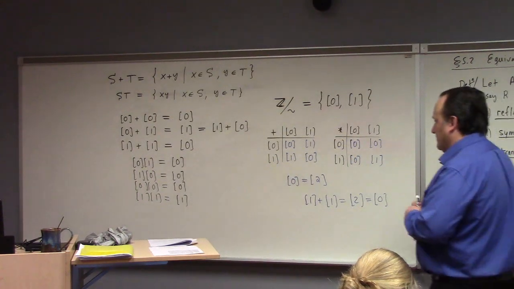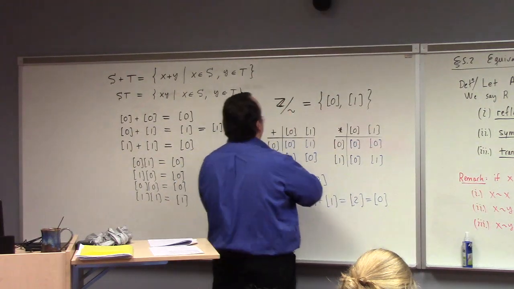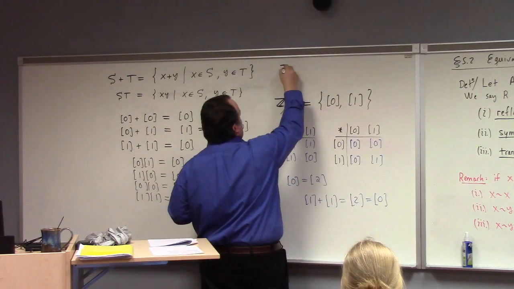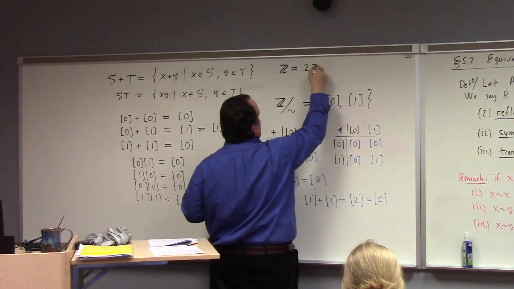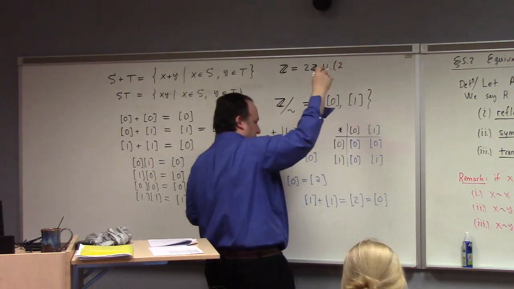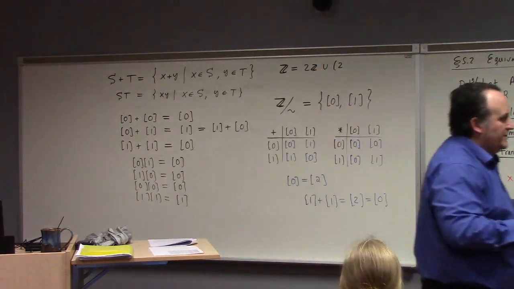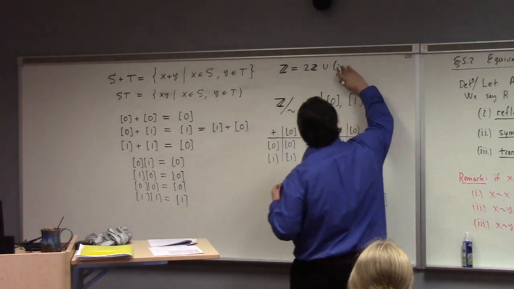Let me just point out here before I erase that, notice that the integers are the even integers unioned with the odd integers. I forget my notation. You can put the plus 1 before or after the 2Z, really, but I'm trying to be consistent.